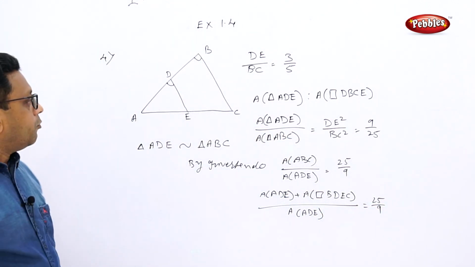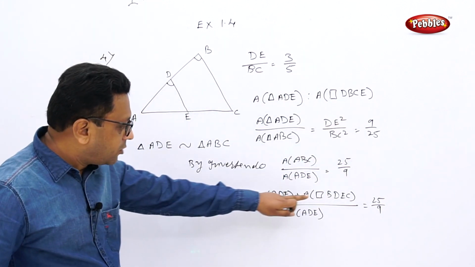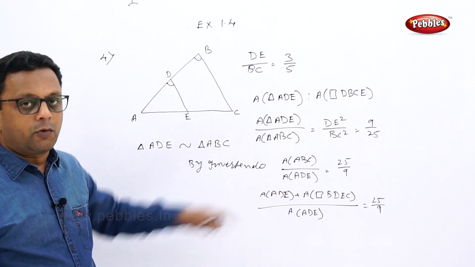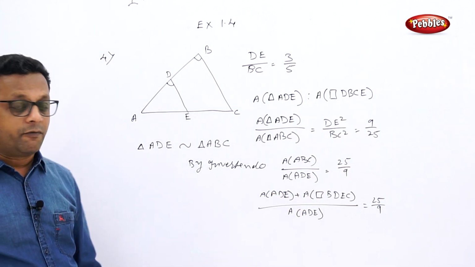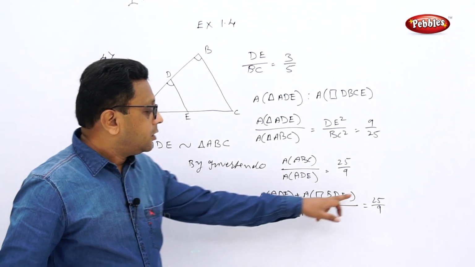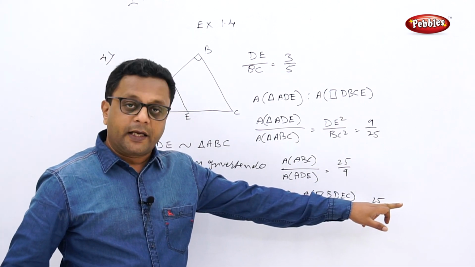Okay, but what I want is ADE upon DBCE, but here that quadrilateral is not alone, plus ADE is also there. So what I'll do is dividendo here. When I do dividendo, from this I will subtract ADE, and from here from 25 I'll subtract 9.